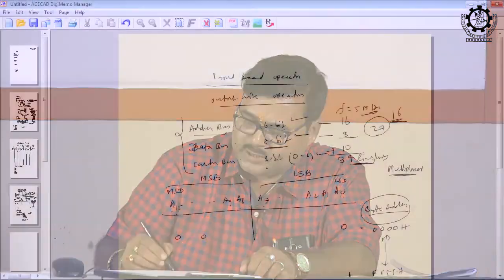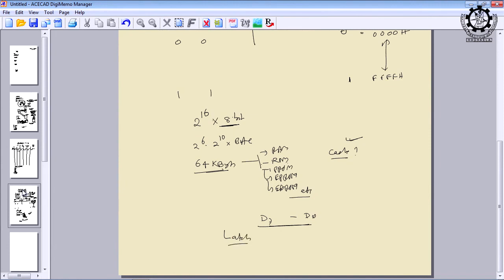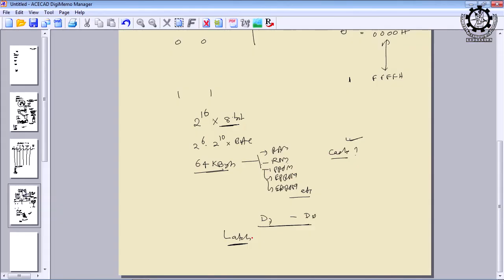So we use a small buffer, that is called a latch, address latch. The address is latched, then the data is loaded, and the moment a data operation is over, again we can bring the address from the address latch. So all these things we shall discuss in the next class, and for this there will be some extra control signals used.